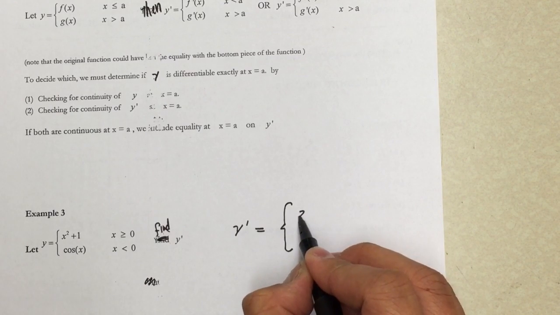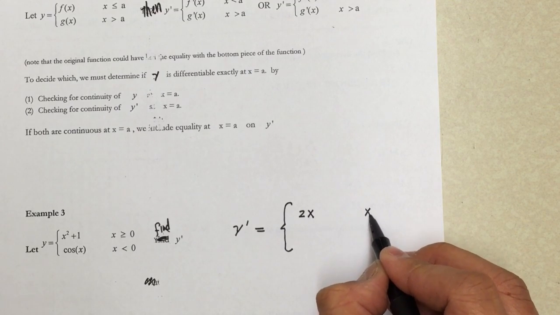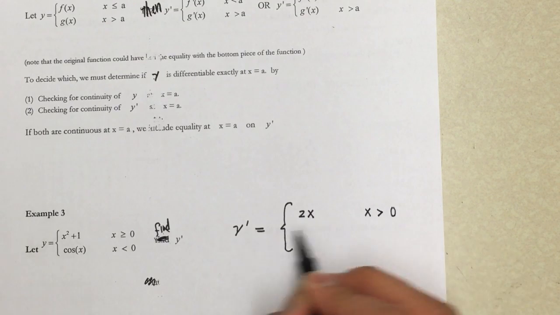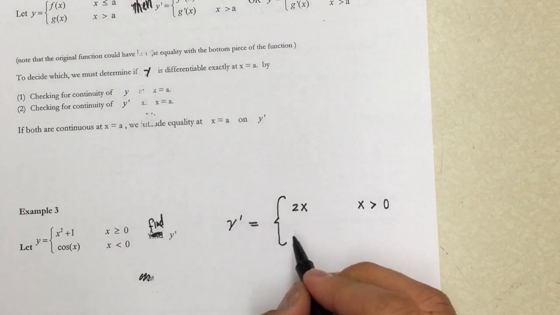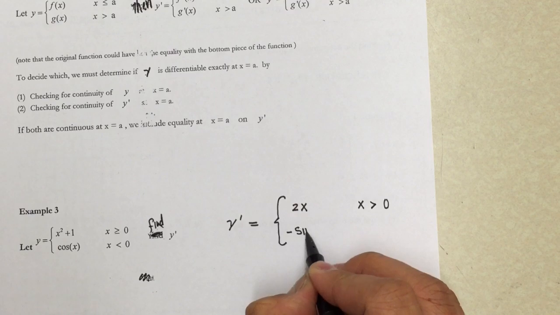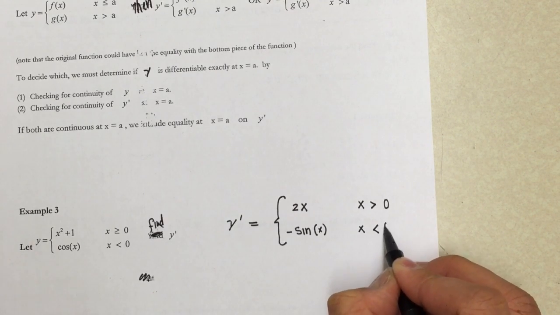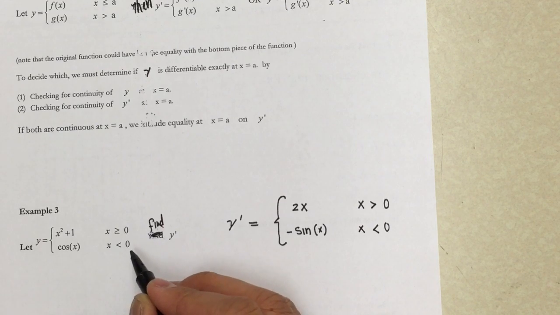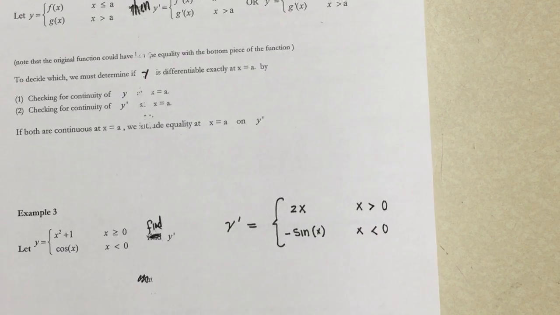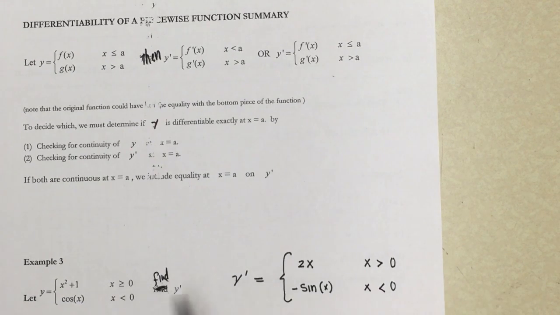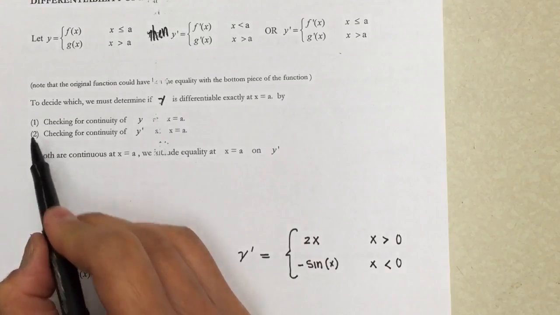So for the first piece, it is 2x, and for now, I'm not going to include the boundary. I'm going to take the derivative of cosine, which is negative sine. And for now, I'm not going to include the boundary. Obviously, I'm not going to include the boundary because this one starts without the boundary. Now, to decide whether or not to include 0 in our derivative, we have to check these two conditions.